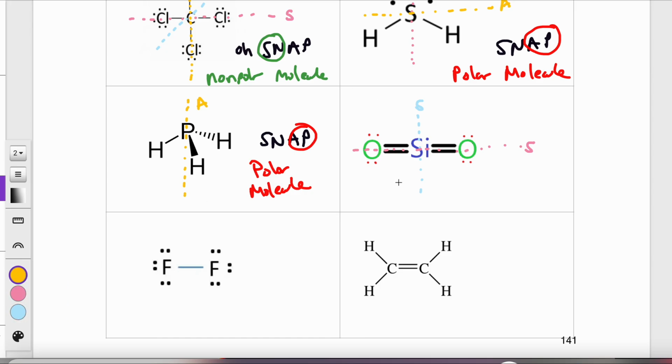And when I cut this through the z-axis, the angle one, what I see in the upper left seems to be a mirror image of what I see on the right, so there seems to be symmetry. So when I look at this molecule through all three planes, there seems to be symmetry. So when I think about the OSNAP, because it's symmetry in every direction, I would say that this is a nonpolar molecule.